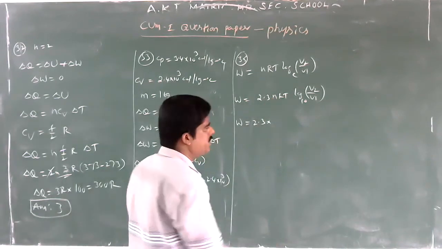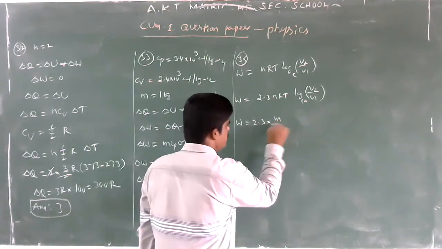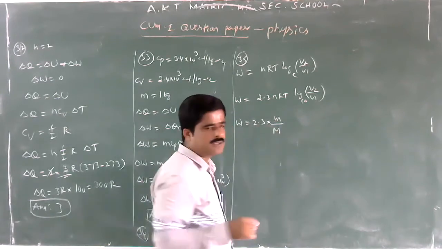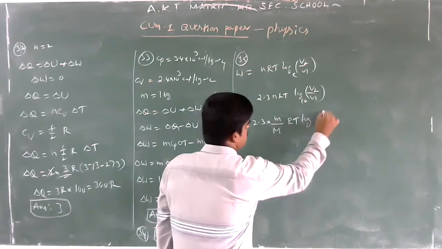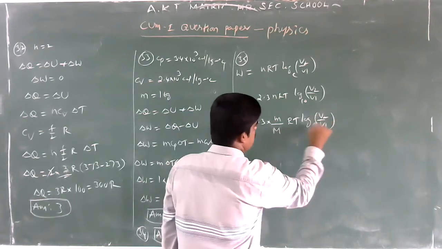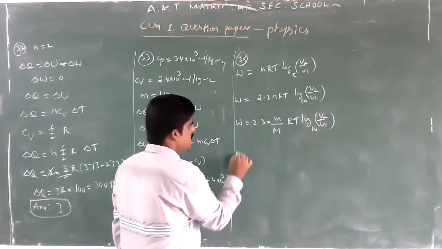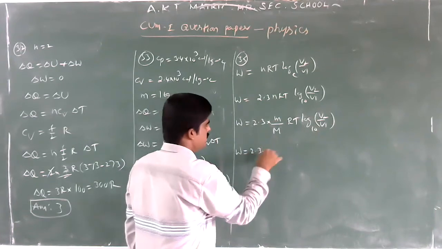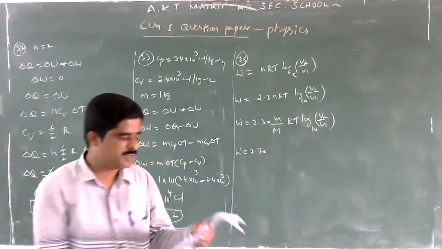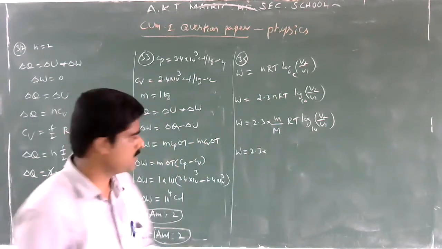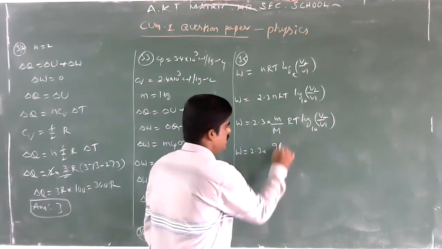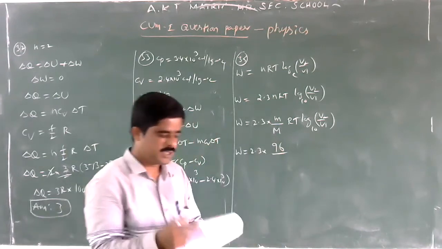Here, moles equal the mass of gas in grams divided by its molecular weight, so W is equal to 2.3 into m, the mass of gas in grams, 96 grams, divided by M. What is M here? Molecular weight.